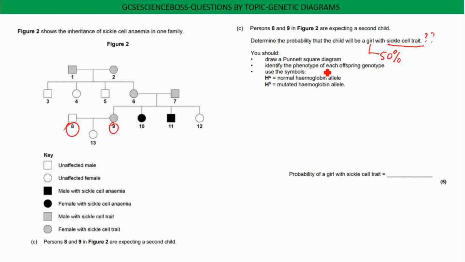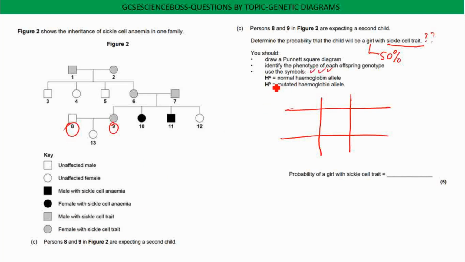So draw a Punnett square diagram. Identify the phenotype of each offspring. Use the symbols. I've told you the symbols to use. Don't make up your own symbols, guys. So let's put our square there. The circle means a female with sickle cell trait.